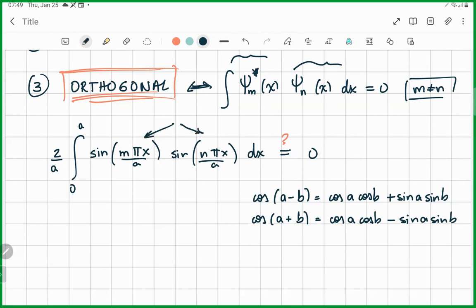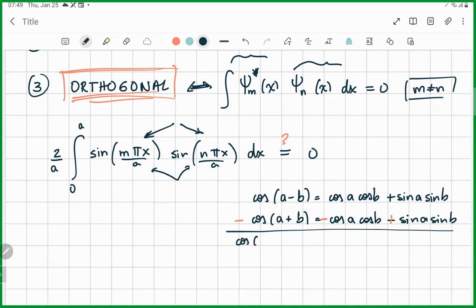And I don't know what this integral is. I know the integral of one sine or of just one cosine. So I'm trying to find a way to rewrite this product in terms of a single cosine or a single sine. That's why I am coming to this relationship, because look, if I do the first one minus this one, what do I have?